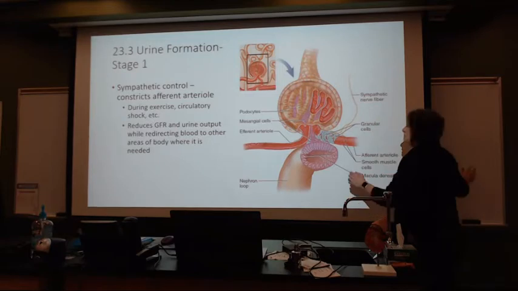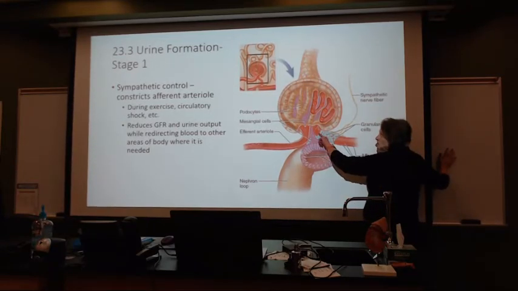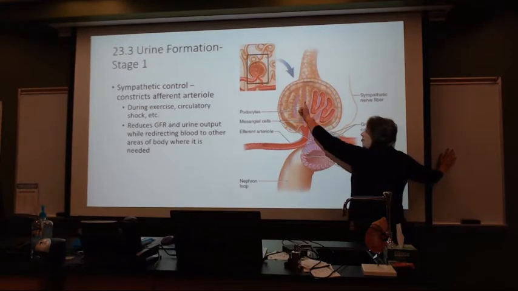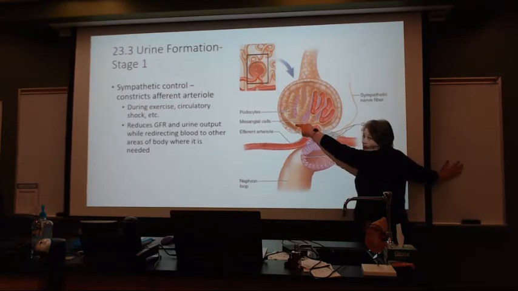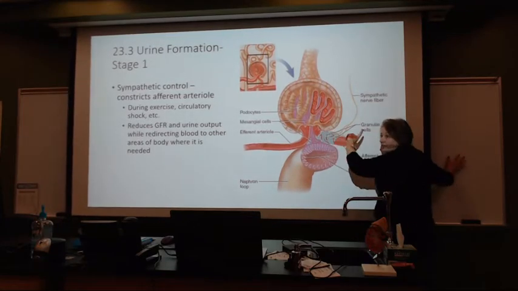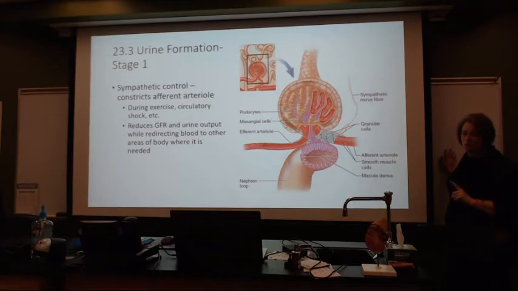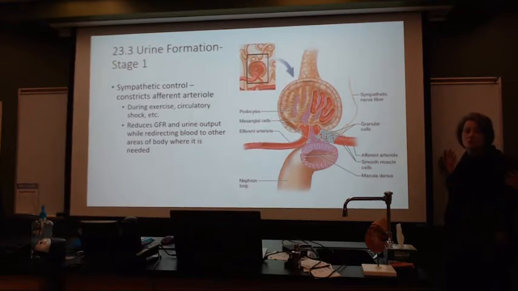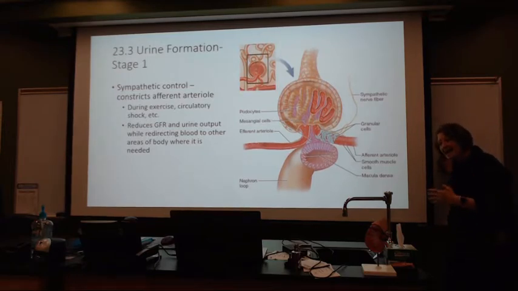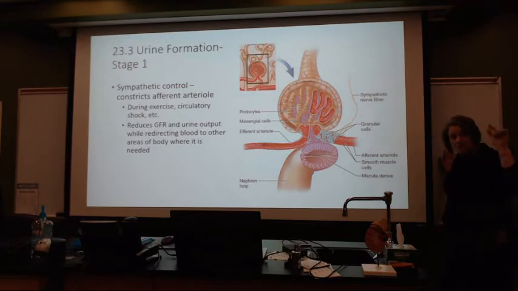The goal is to make sure that as the blood enters and begins to pass through the glomerulus, the pressure is just right. We don't want it too high because these can burst.